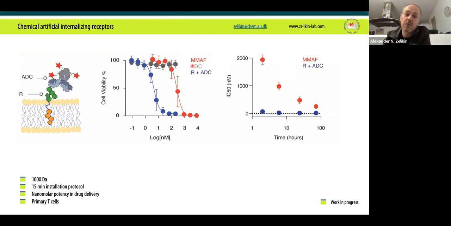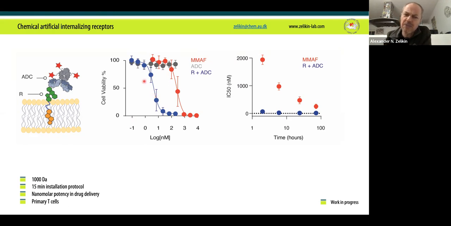And indeed, here what we do is we raise the antibody to fluorescein, and then we conjugate MMAF. And what you can see here is the therapeutic window. So this is your drug, which is almost micromolar, and this is the receptor-mediated entry of the ADC, which is nanomolar. It's almost 100-fold therapeutic window, which is very beneficial.